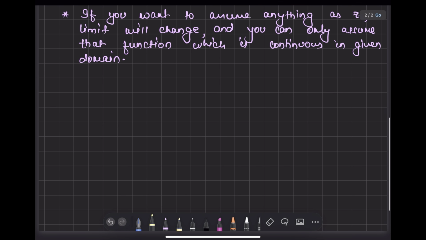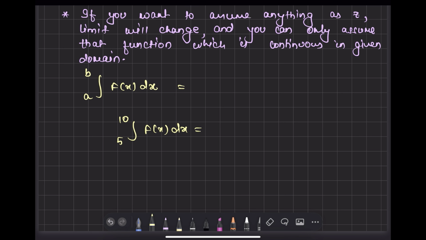For time being, I'll be giving you one property. Suppose that the limit starts from a to b, f of x dx. And suppose that you are not comfortable with this limit a and b. Like we have something as 5 to 10 f of x. So if I give you 5 to 10, you can say, okay sir, means your x starts from 5 and ends at 10.